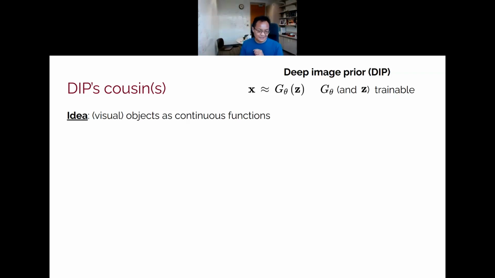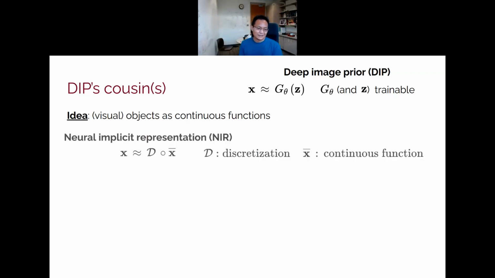For example, an image on R2 can be thought of as a continuous function on R2, right? The way you get your image as a matrix is by discretizing the function on some uniform grid, and you get a discrete image.